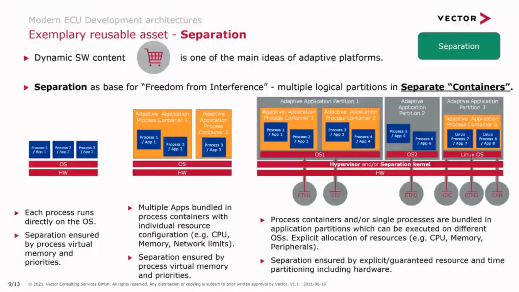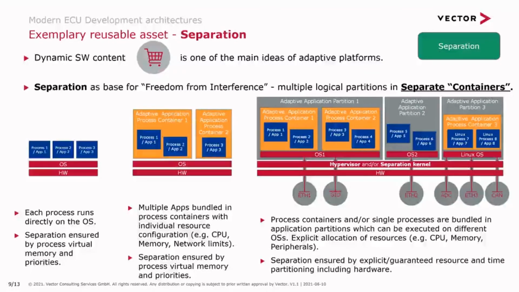And a further extension is, let's say, the bundling of process containers and applications into partitions, which are then executed on different OSs. This is the variant on the right side.